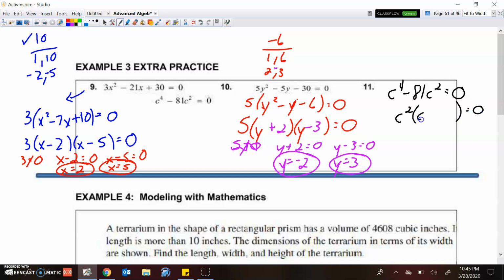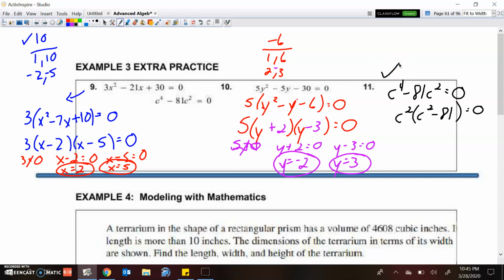So c squared times c squared is c to the 4th. C squared times negative 9 is, oh no, not 9, sorry, times 81. I got ahead of myself. C squared times 81 is 81c squared, so that's why I put the subtraction sign in there. If I redistribute that, I get what's originally the problem.